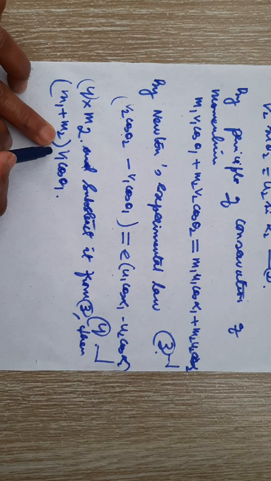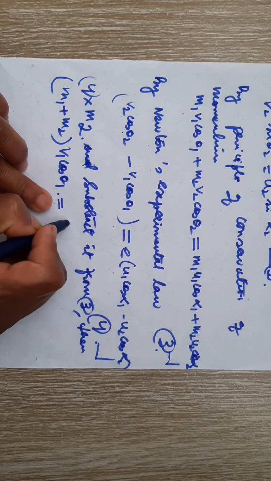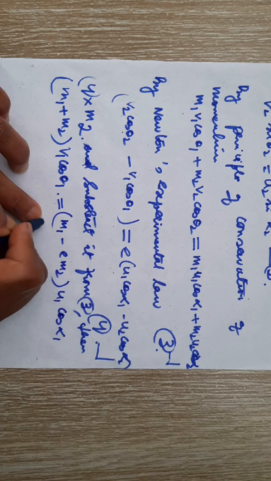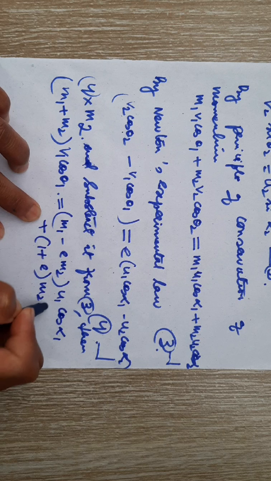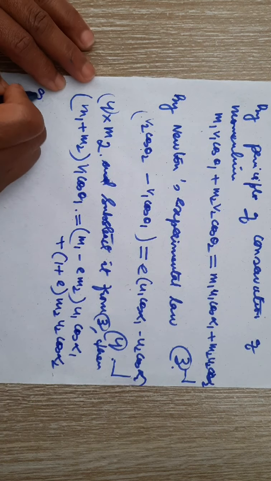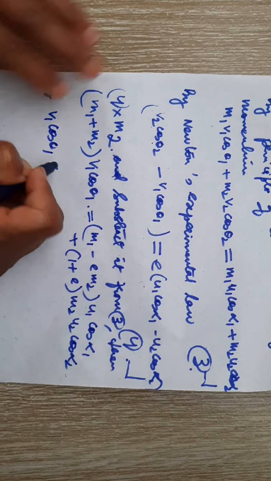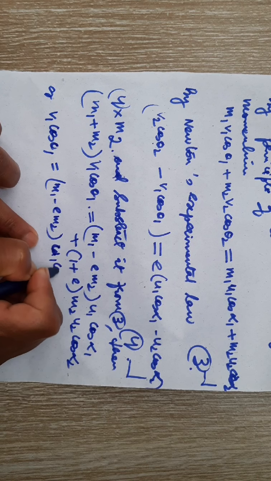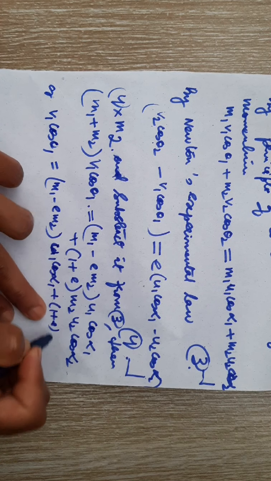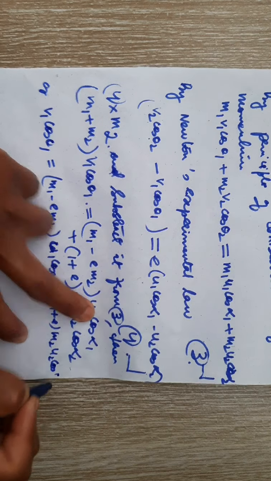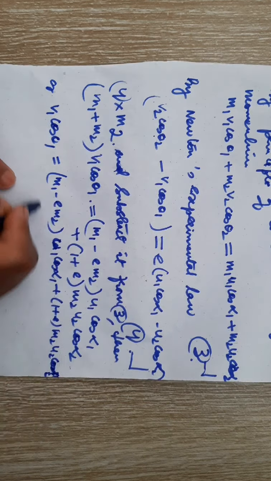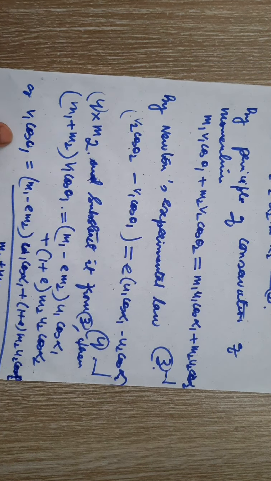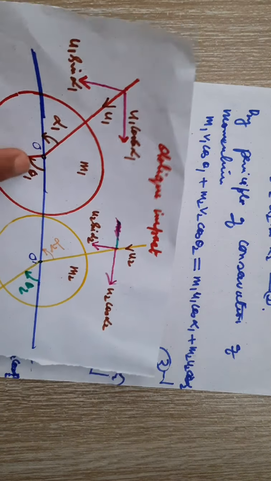So you have m1 plus m2 times v1 cos theta 1 equal to m1 minus e m2 into u1 cos alpha 1 plus 1 plus e m2 u2 cos alpha 2. So finally, v1 cos theta 1 is m1 minus e m2 into u1 cos alpha 1 plus 1 plus e m2 u2 cos alpha 2, whole thing divided by m1 plus m2. This gives you the component velocity along the line of centers for the first sphere after impact.